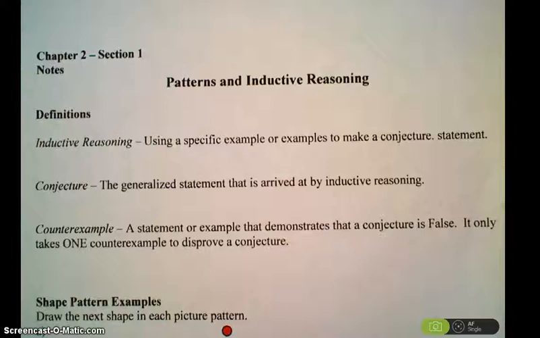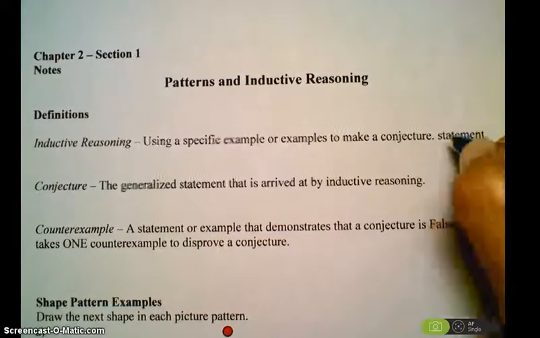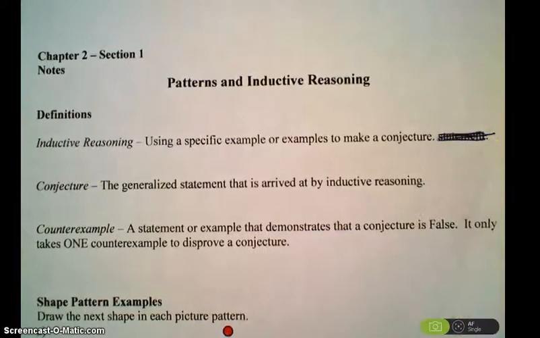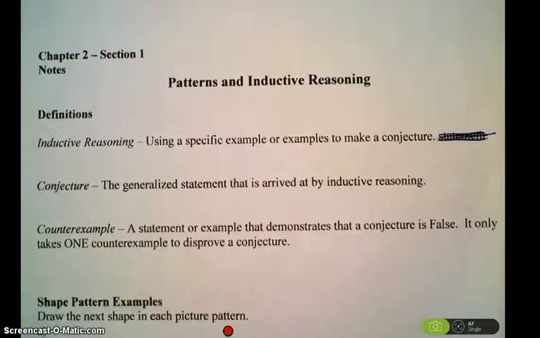Okay, so we start off with some definitions. The first one is inductive reasoning, and you all have a typo on your handout, so let's go ahead and cross out the word statement. We don't need that. Inductive reasoning is using a specific example or examples to make a conjecture.